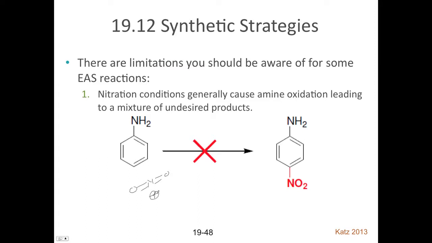We're using that guy. And if we were to do this, we won't just get the ortho/para direction, because while you might get some of this, it will not be the major part. Why won't you have this? Because you have a far more nucleophilic pair of electrons that is much more interested in that yummy electrophile.